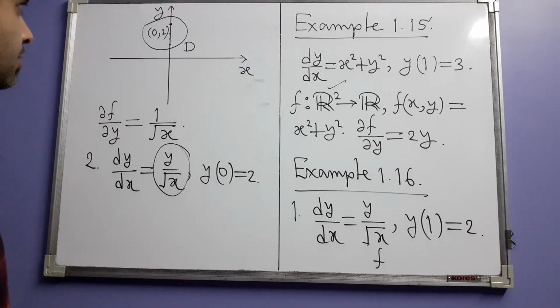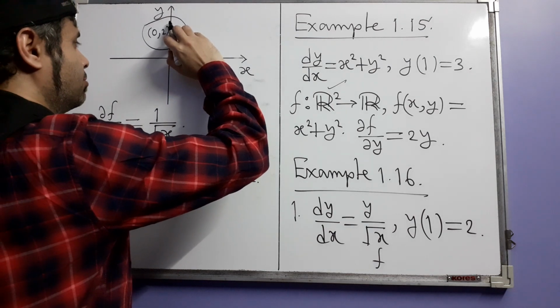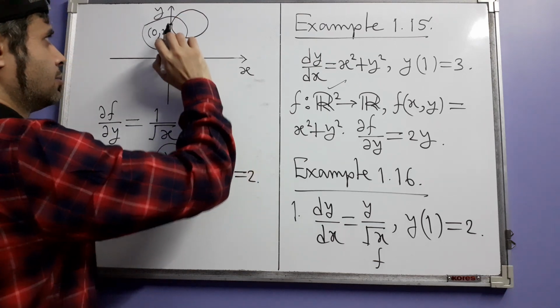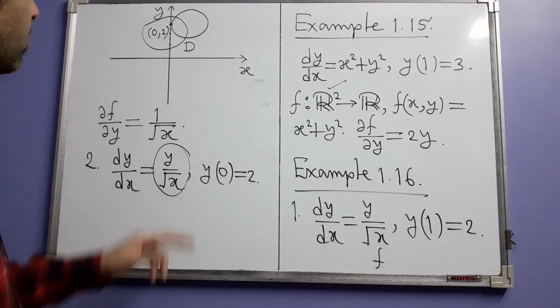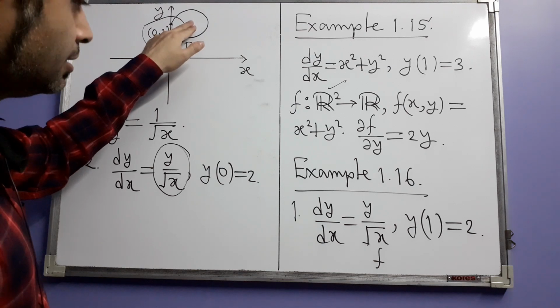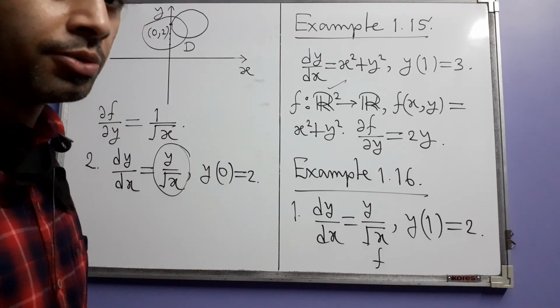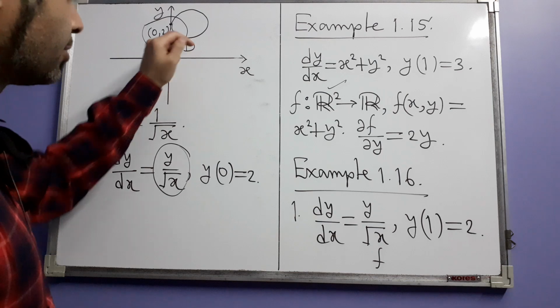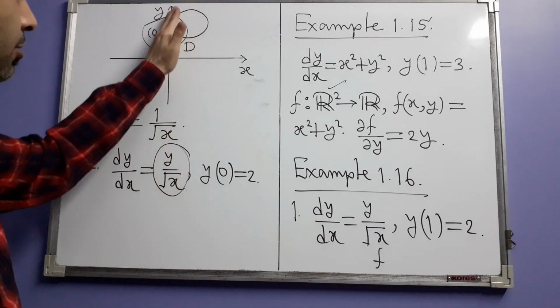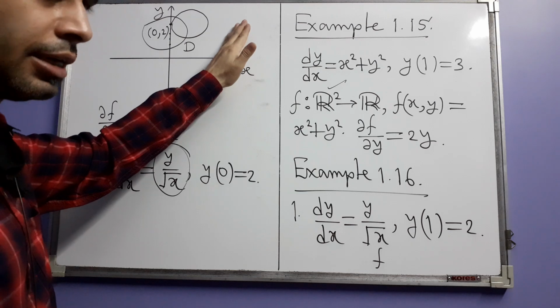Note one more thing, that you cannot get away by choosing a D like this. No, D is open. So for the point (0, 2) to be a point in D, it should be an interior point, so it cannot lie on the boundary of D. That prevents you from choosing a D like this.